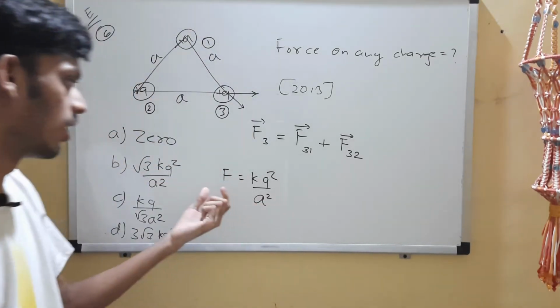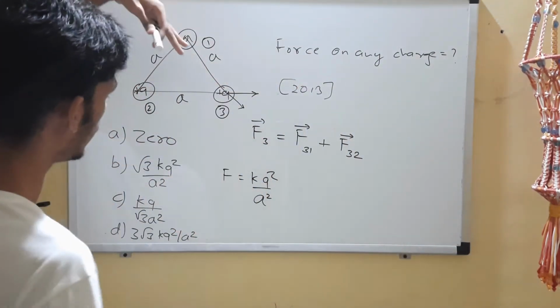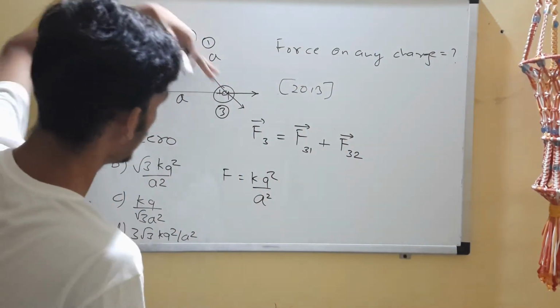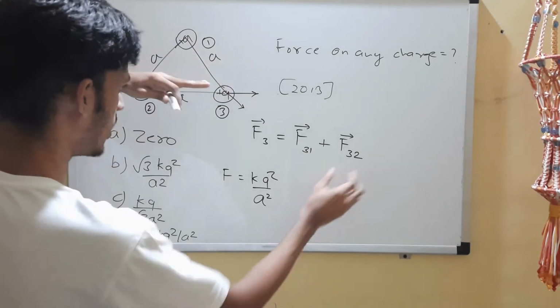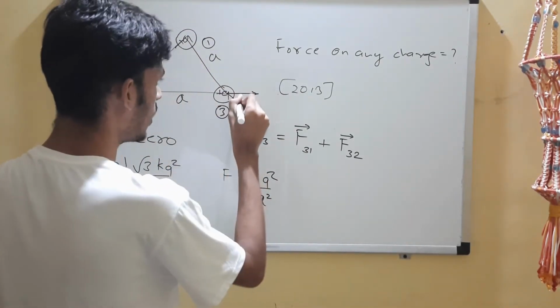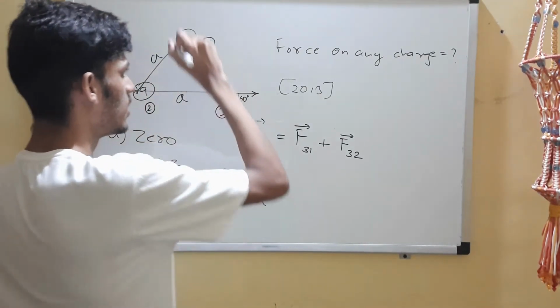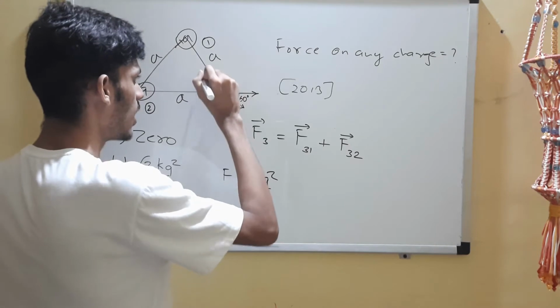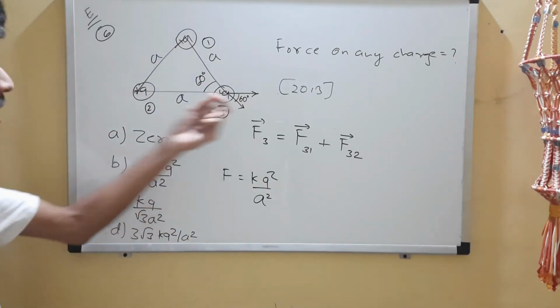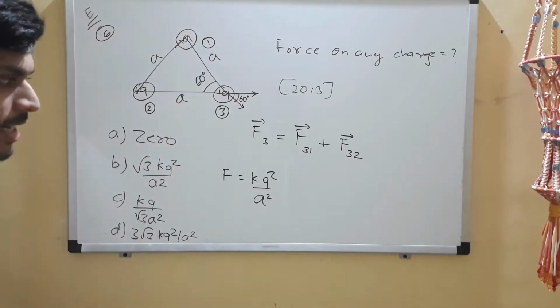So the magnitude is the same in both cases, just the direction is different. In the first the direction is along this line, in the second along this line. Now you can see that the angle between these two is nothing but 60 degrees, right? This is an equilateral triangle, so here the angle will be 60 degrees. Here they are vertically opposite angles, this and this, so this will be 60 degrees as well.